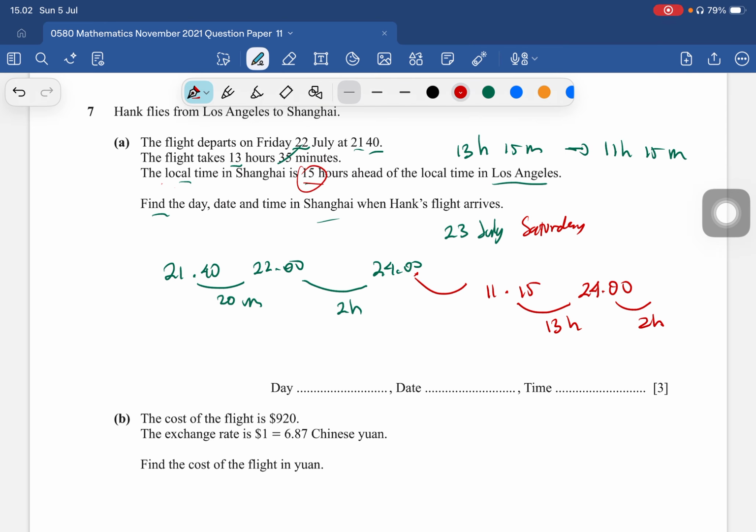This is 15 hours. So we will arrive at 2:15. The day here is 24th July, Sunday. The time is 02:15.